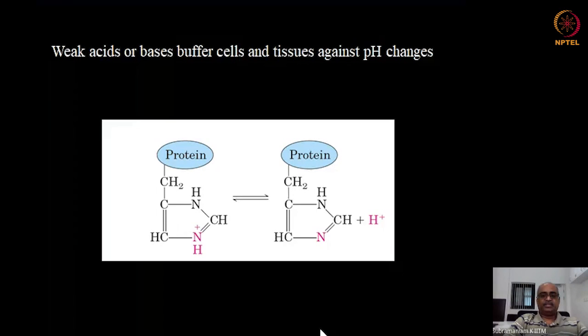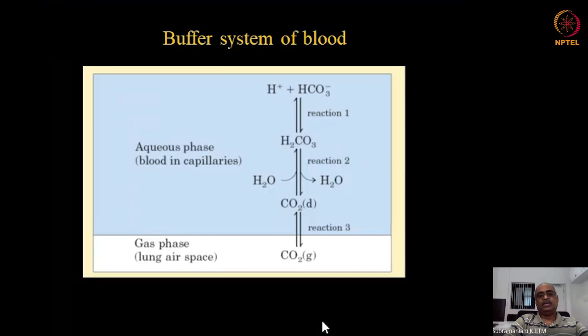For that, there is a really sophisticated buffer system that exists in our blood, and that is the carbonic acid, H2CO3. It can dissociate, forming the bicarbonate ion and a proton, and it can also dissociate into CO2 and water.